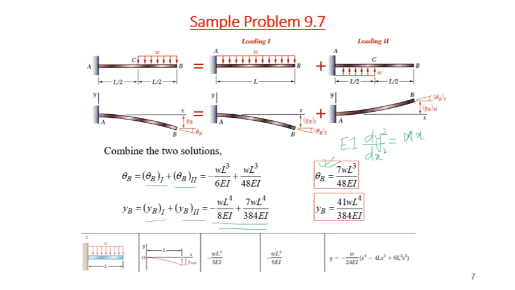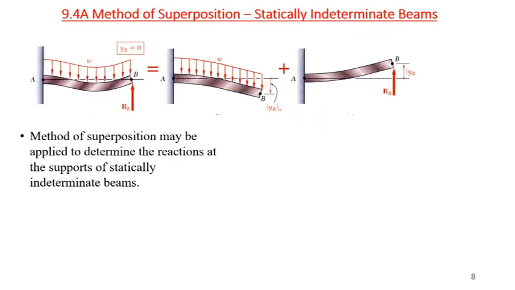Now let's see, the method of superposition can also be implemented on a statically indeterminate beam. For example, if you remember this problem, we have a cantilever beam with a distributed load and a pin at point B. We already solved this problem in the previous lecture.